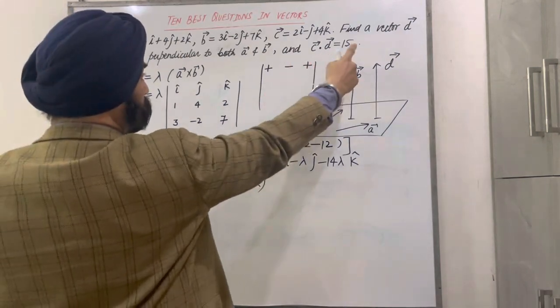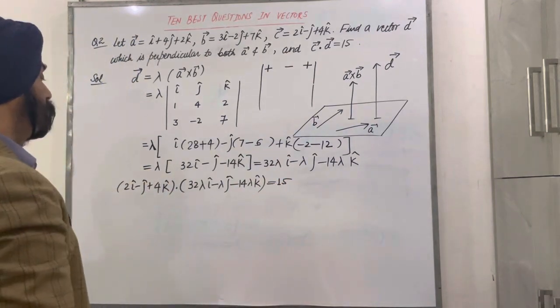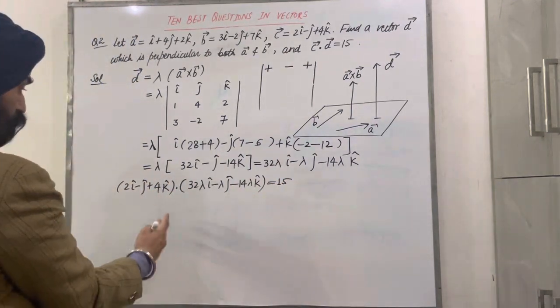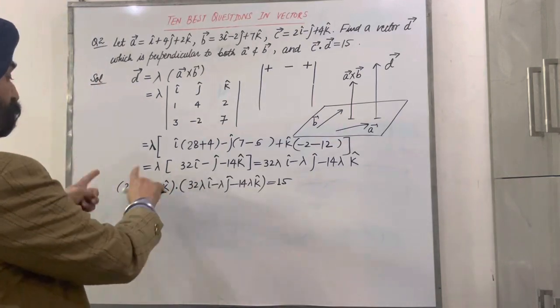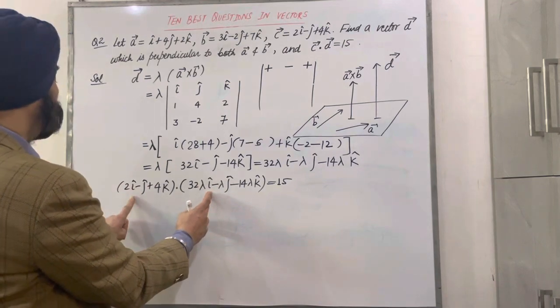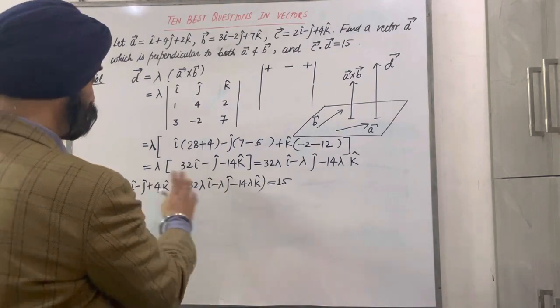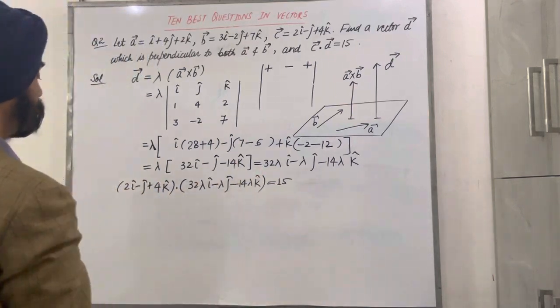This dot product is equal to 15, so I write 15 over here. No problem. Now when we perform the dot product of two vectors, their respective components, that means components attached with i in both the places, will be multiplied together. Likewise, the same is going to happen with the j components and the k components.